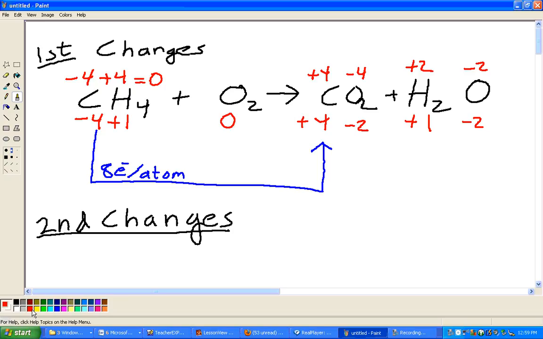The +1 to a +1 is not having a change. The oxygen changes. In each case, the oxygen, as it goes over, is having a 2 electron change per atom.